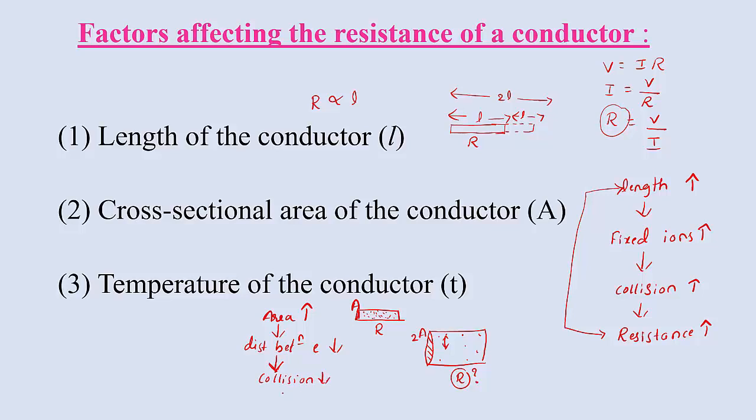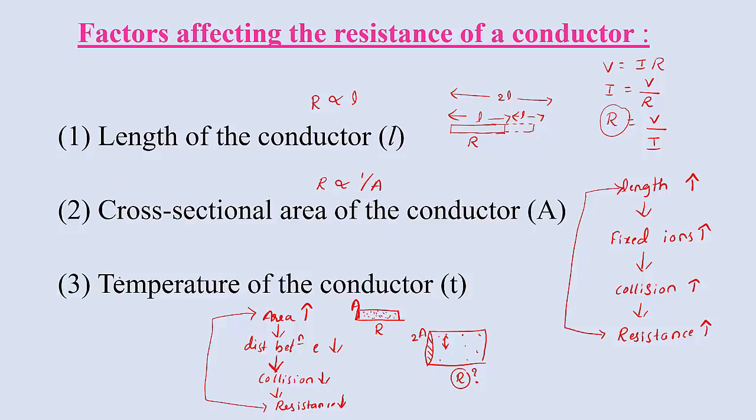When collision decreases, resistance also decreases. So then what is the relation between area and resistance? As area increases, resistance decreases. So the cross-sectional area of the conductor and the resistance of the conductor are inversely proportional to each other. That is, R is inversely proportional to the cross-sectional area of the conductor.